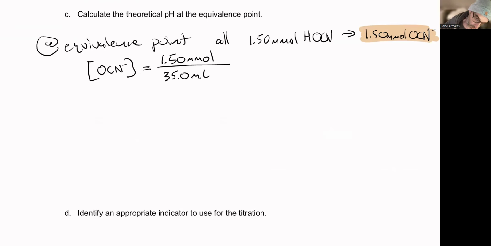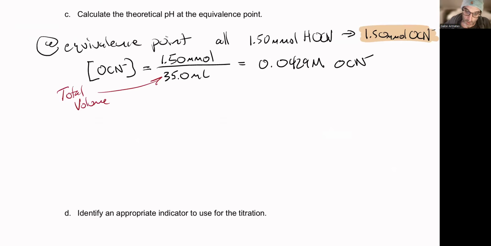So this is the total volume. Okay. So we know that the concentration of the base is 0.0429 molar OCN minus.